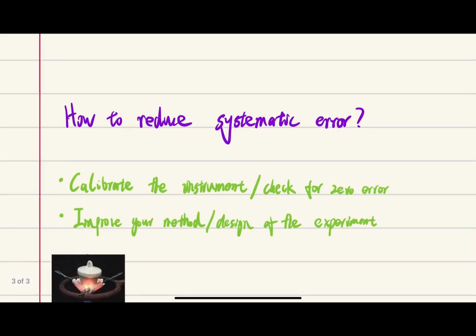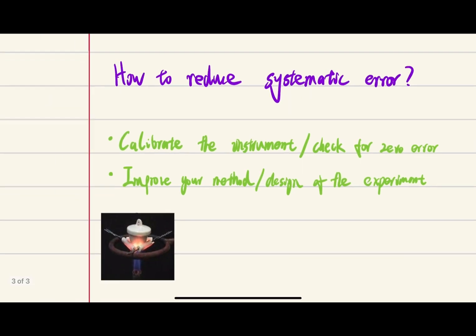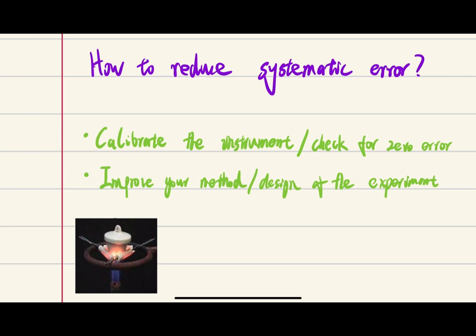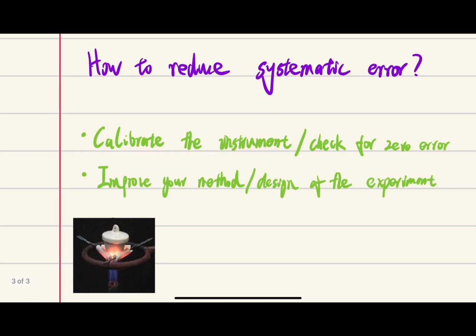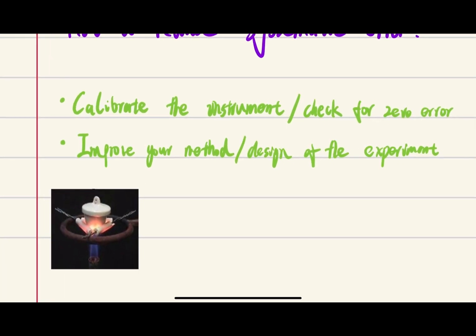Here, if you want to reduce the systematic error, the two popular approaches are these. The first one is that you calibrate the instrument, as we talked about before, and check for your zero error. The second one is to improve your method, which means improving the design of your experiments.